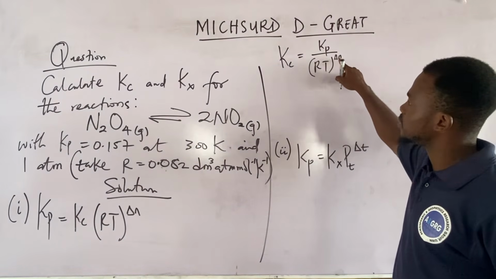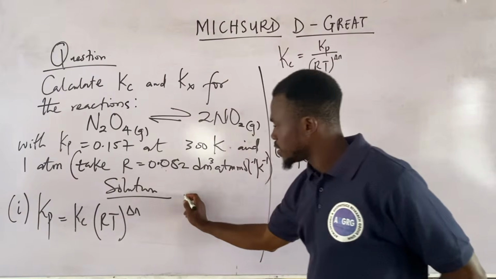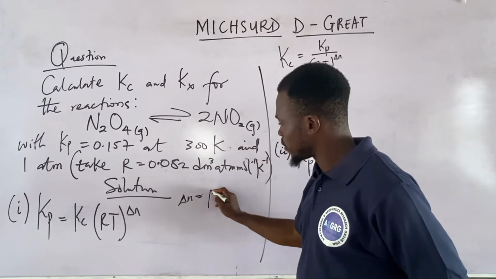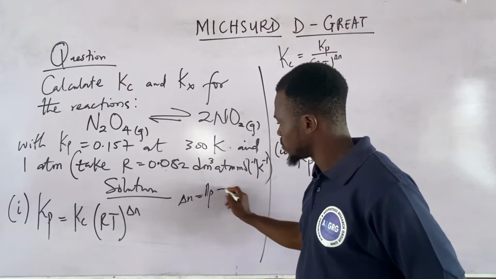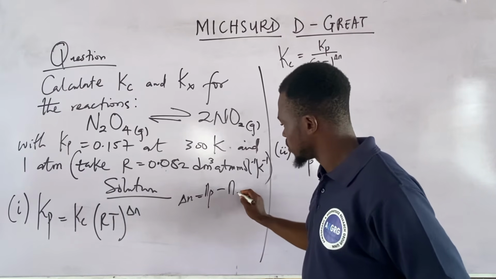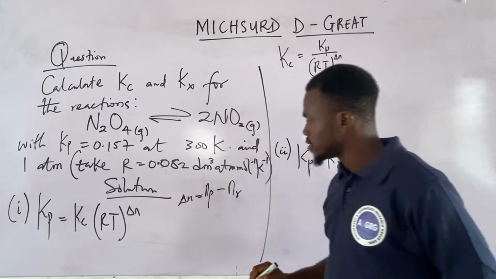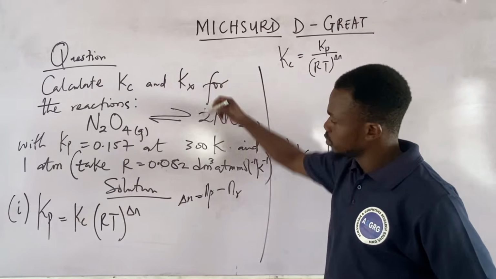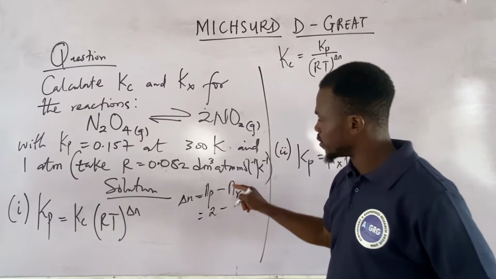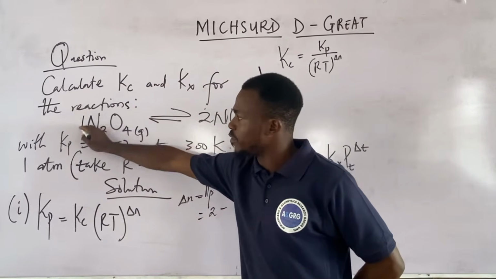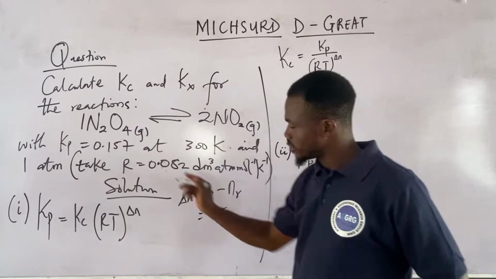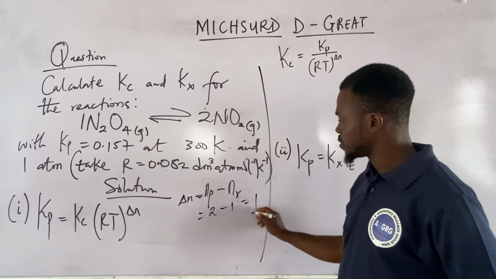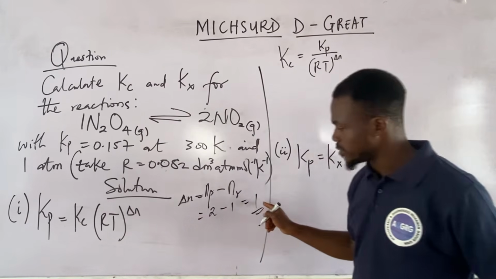So this change in number of moles here is calculated using the number of moles of the product minus the number of moles of the reactants. So here the number of moles of the product is 2, so we'll be having 2 minus the number of moles of the reactant, which is 1. So 2 minus 1 will give us 1. So that means our change in n is equal to 1.